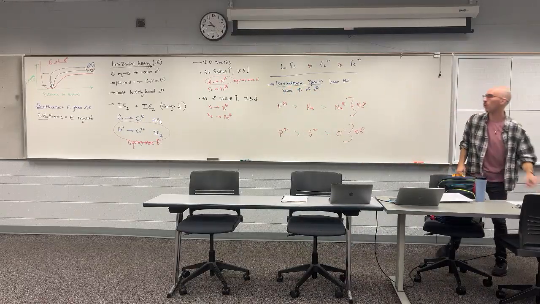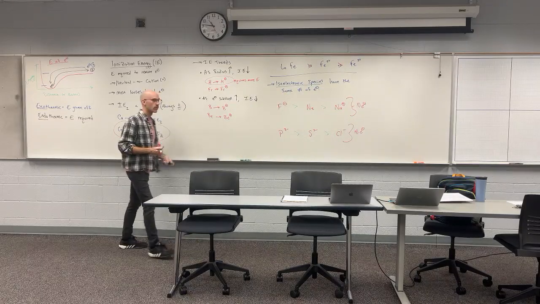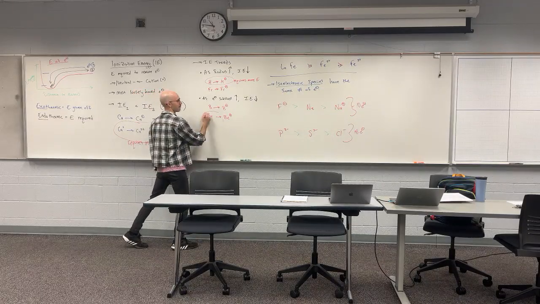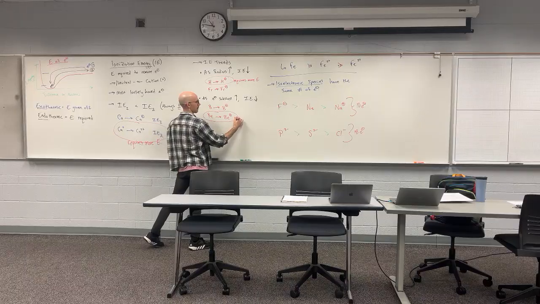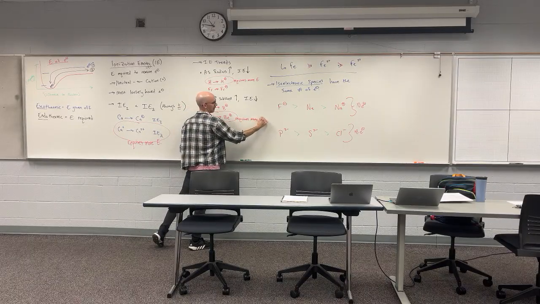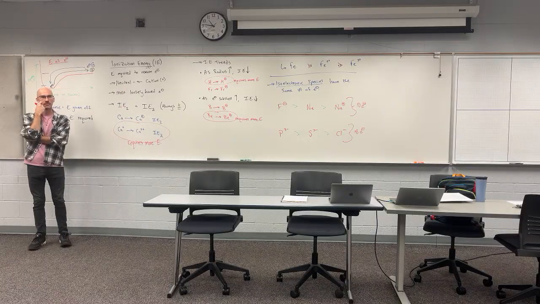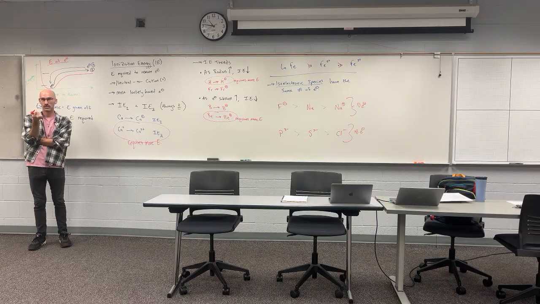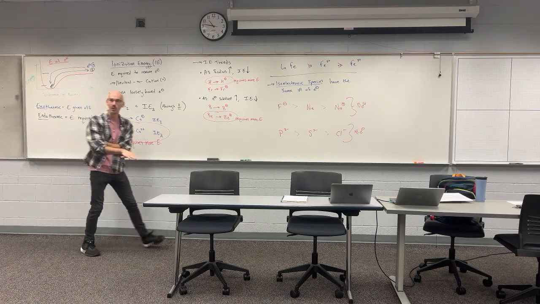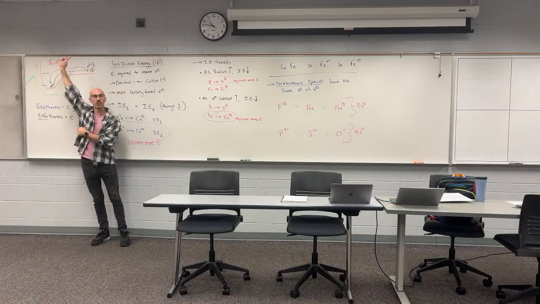Which one do I circle? Which one requires more energy to pull? Beryllium requires more energy, higher IE value. Why? Let's say it again. The s subshell is lower in energy, requires more energy to pull it out.